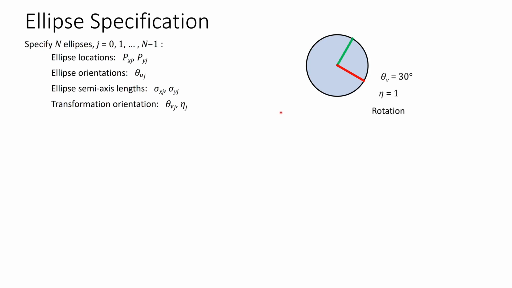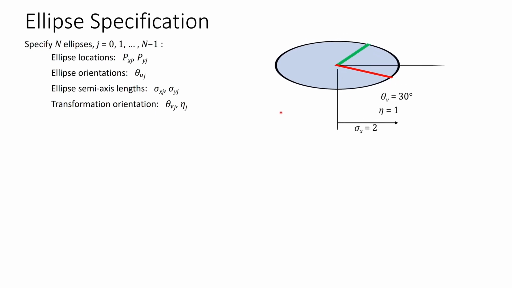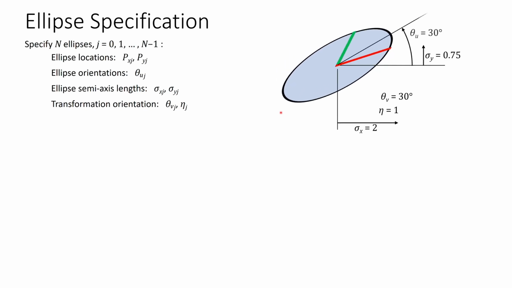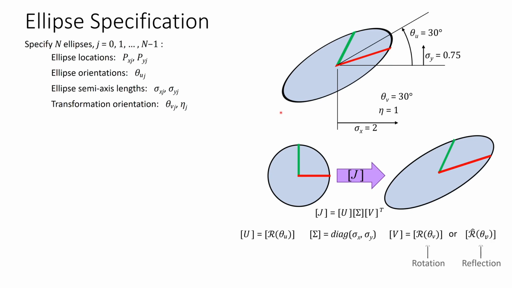We could then take the circle associated with the coordinate frame and stretch it horizontally, stretch it vertically, defining horizontal and vertical semi-axis lengths, and then setting its orientation in the plane. These geometric parameters define a Jacobian which defines the mapping of a circle into an ellipse. The geometric parameters form the Jacobian through the singular value decomposition.